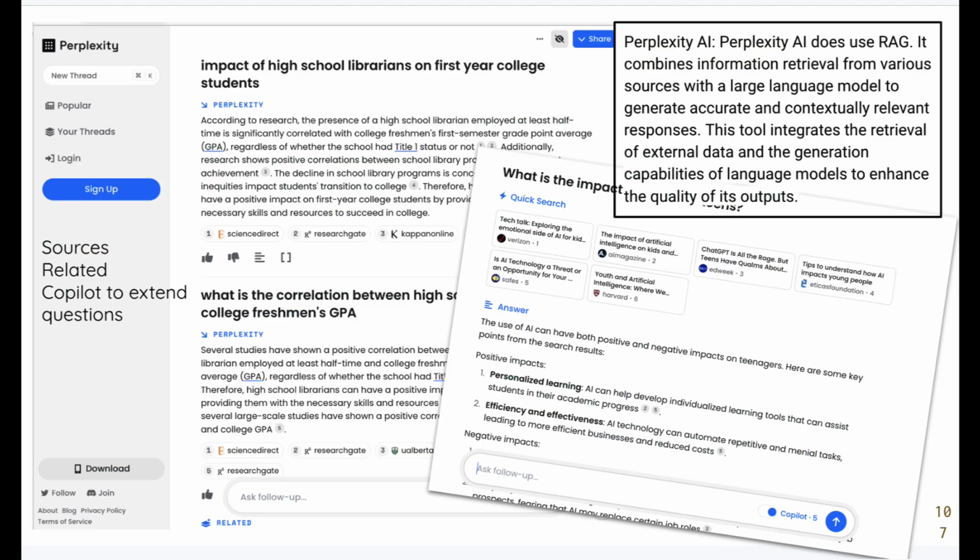And here's an example of the impact of high school librarians on first-year college students. Notice that it is pulling documents. You can see the sources of the documents. You can see the databases from which it's grabbing content. And you can see summarizations and answers as determined by the bot.